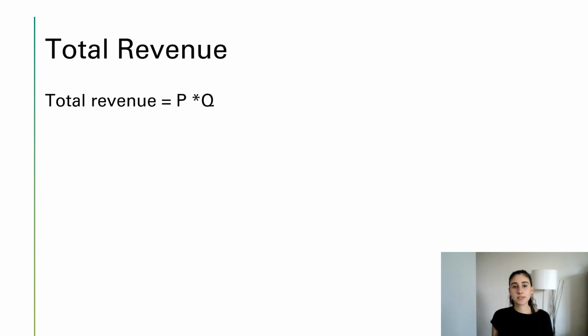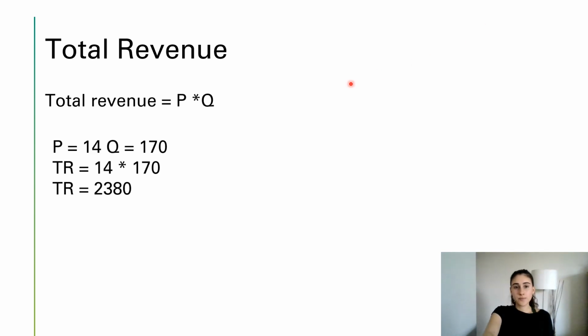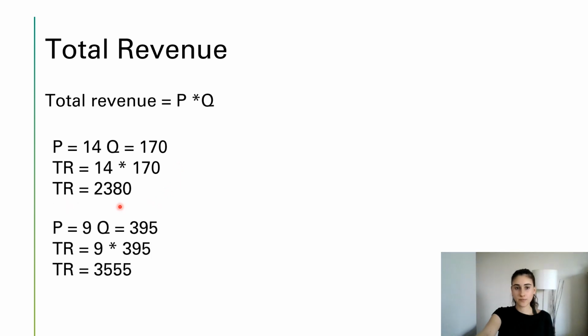Our final step is to find total revenue. Mathematically, total revenue is price times quantity. Conceptually, total revenue is the dollar benefit a seller makes from their sales. So let's calculate it. Using this formula, when price is 14 and quantity is 170, we multiply them together to get a total revenue of 2380.